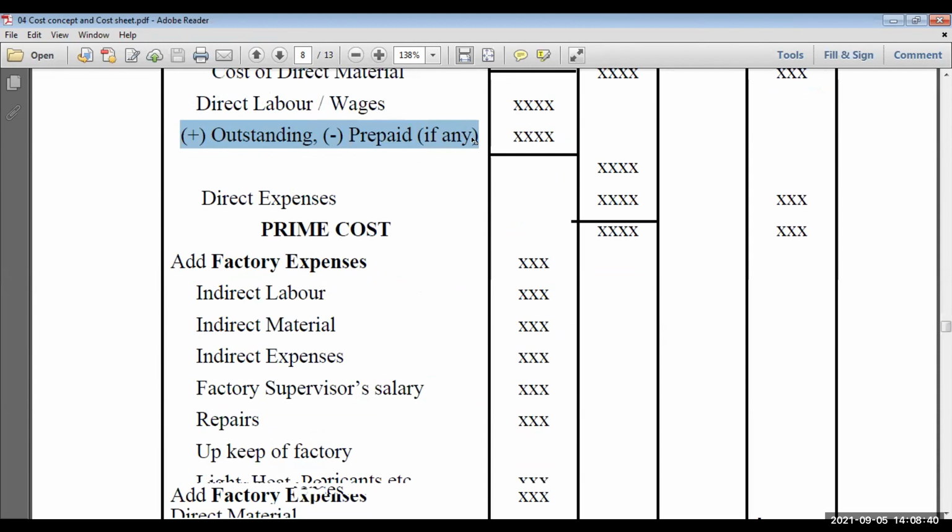Suppose we paid wages of 2 lakh rupees, which includes 50,000 for the next year. Then you would take only 1,50,000 here. Yes, only the current period wages and any other charges are to be taken into consideration.